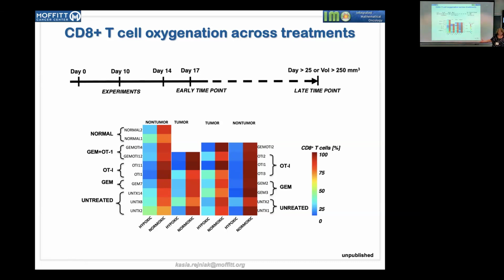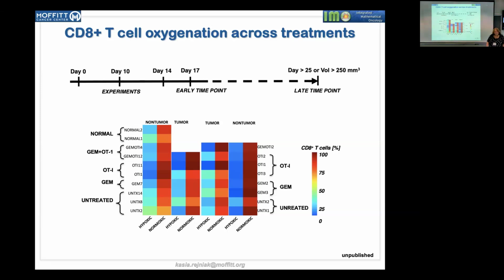So those T cells just don't like the hypoxic areas, no matter how you treat them. And to be honest, if there is only gemcitabine monotherapy, there are no injected T cells. So the T cells which are there are native T cells, and they still don't like hypoxia. They only sit in the well-oxygenated areas.